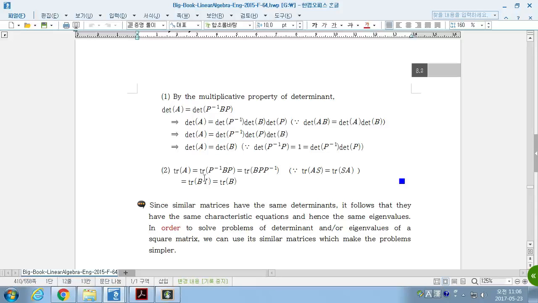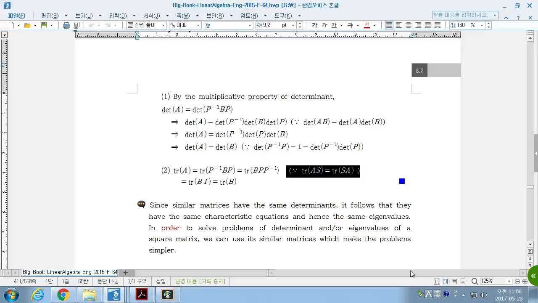What about trace? Remember the exercise problem in an earlier chapter, chapter 3: the trace of AB is the same as the trace of BA, so they commute. With this, A is the same as P inverse BP, so the trace of A should be the same as the trace of P inverse BP. But here we can rotate, we can exchange BP and P inverse.